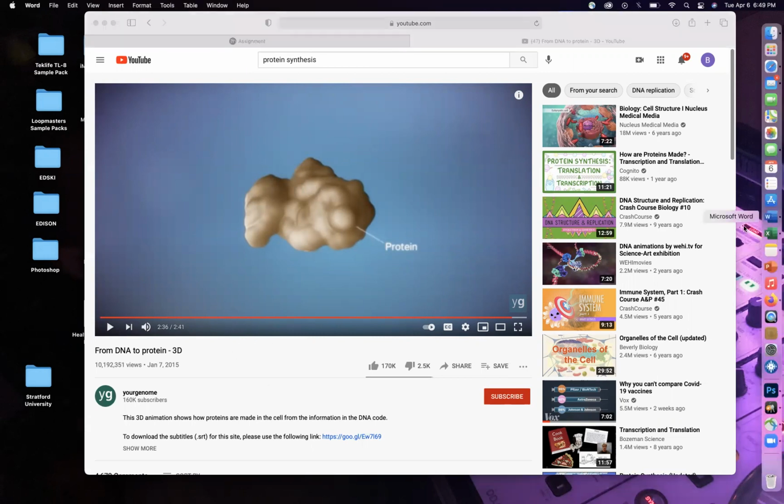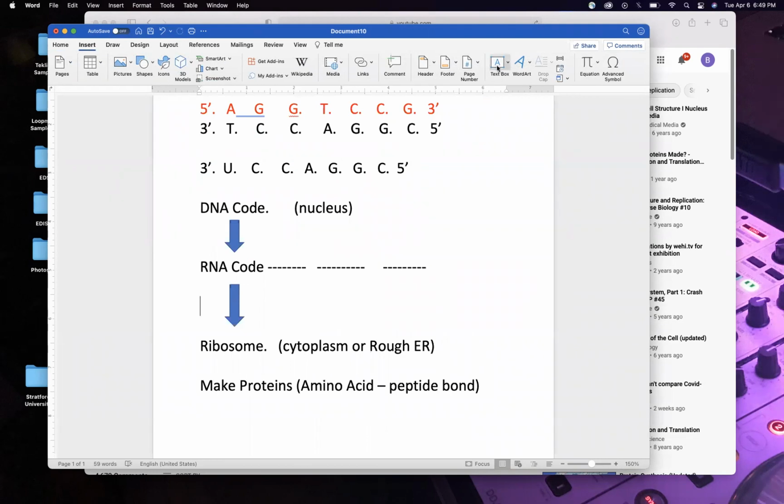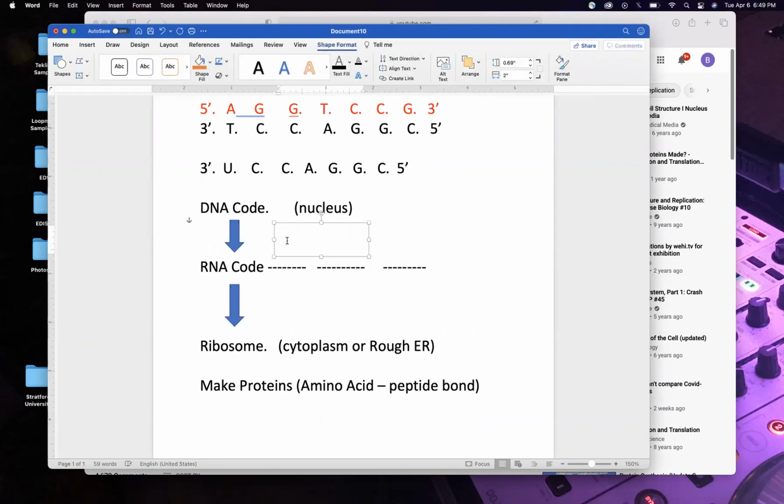Let's look at what we just saw there. So we have DNA code going to RNA. So in that area from here, right? Let me put a text box. We mentioned a special kind of RNA, and that's messenger RNA.